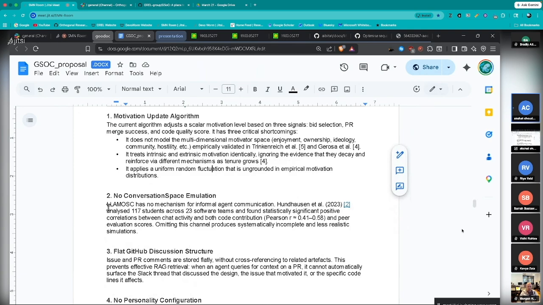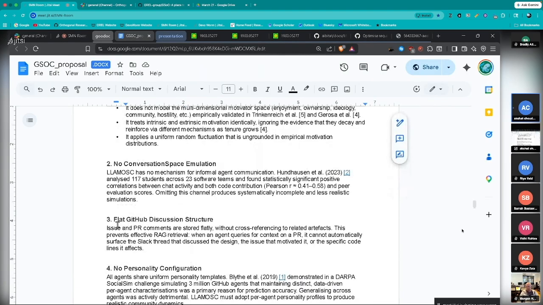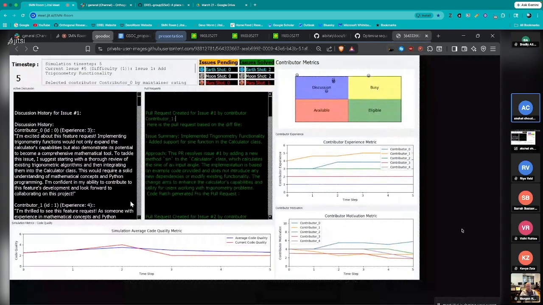No conversation space emulation. I think this has been touched on before this presentation, that this can't mimic a real open source development environment, so we have to introduce one. GitHub discussion structure: the current project has this one panel, and most of the discussion occurs here, so we are basically jumbling everything in one place.